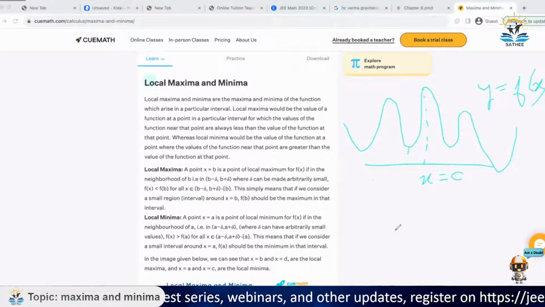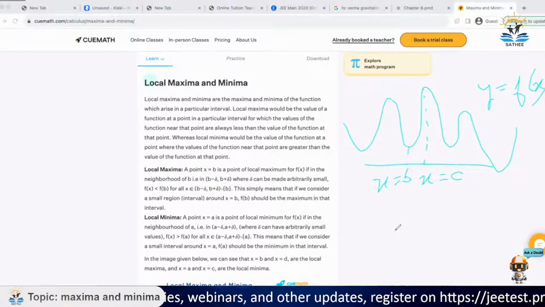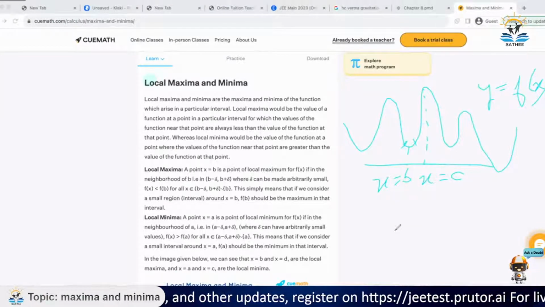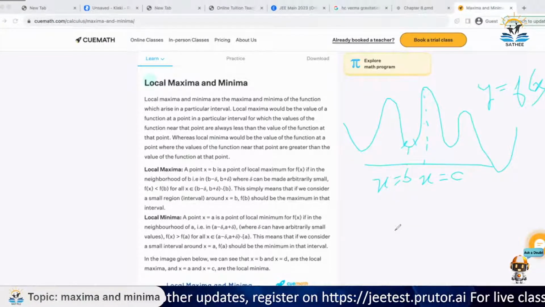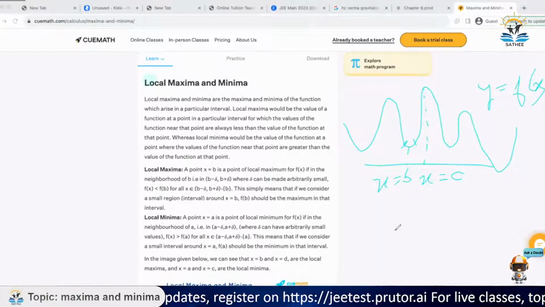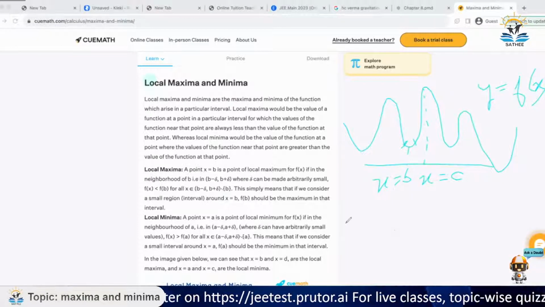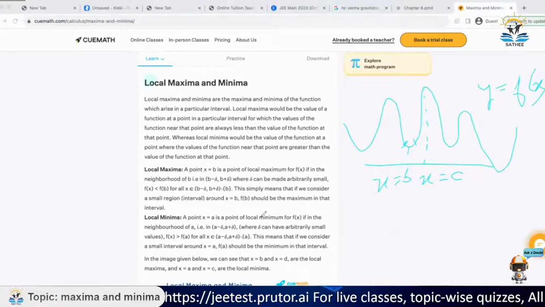If the values of f of b minus delta and f of b plus delta are both greater than f of b, then we say that the point f of b is a minima. So this is the very basic thing that we know about local maxima and local minima.